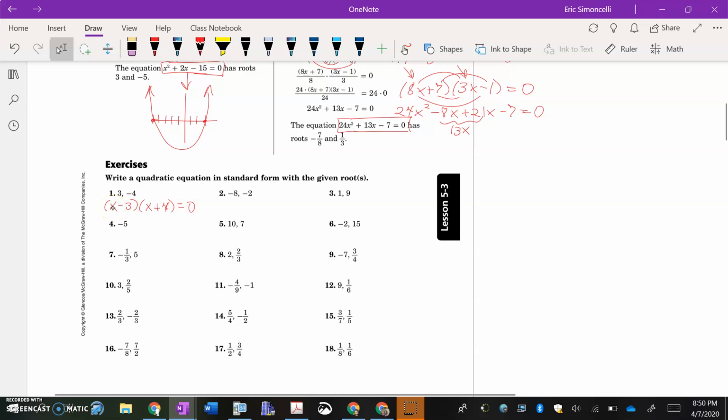So if we FOIL, first is x squared, outside 4x, inside -3x, and last -12. With a little bit more manipulation, in other words, we've got to add our like terms of 4x minus 3x, or subtract technically, and we get just 1x. And then that quadratic, don't forget to set it equal to 0, is your official equation.